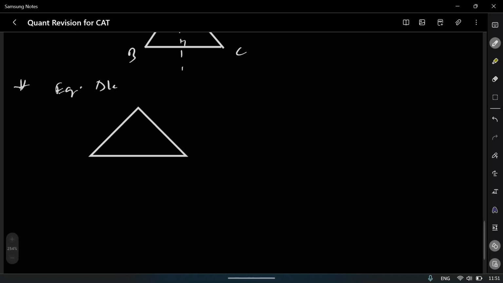Next property is about the equilateral triangle. Let us take each side with a length of a. We know that in an equilateral triangle, altitude and median are the same. So the height h of the equilateral triangle equals root 3 by 2 a.